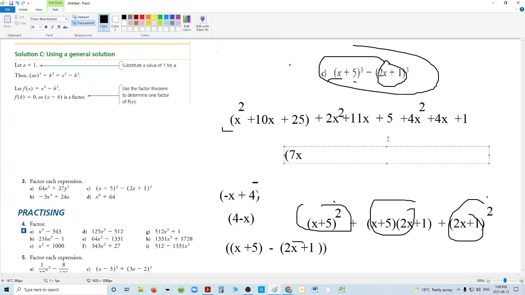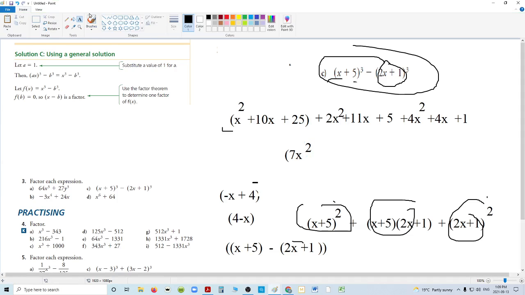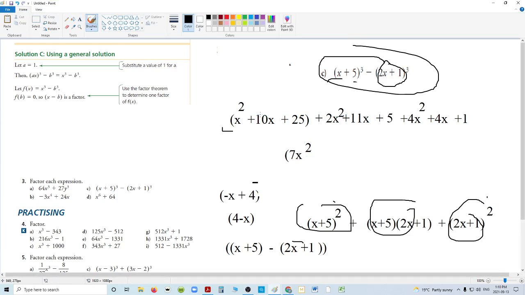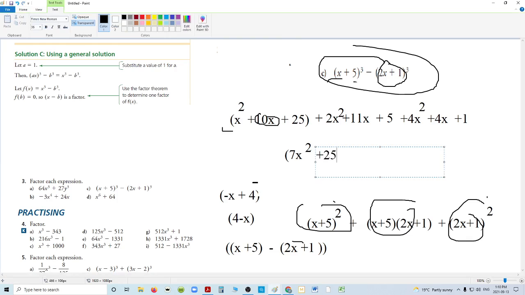What's our, and I'm going to just put a square there. How many x's do we have? We got plus 10x here, plus 11x, it's plus 21x. And we've got plus 4x, so plus 21x, plus 10x, 21x, 25x should be the middle. And I could make an error here. It's very easy to make an error.